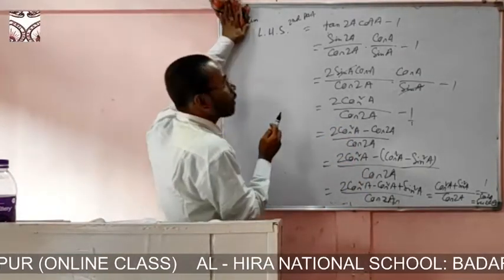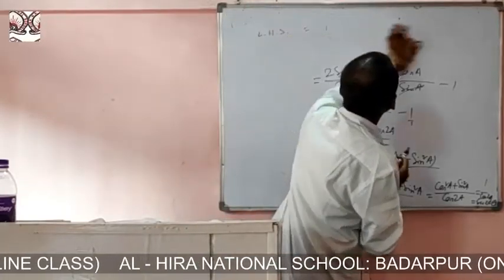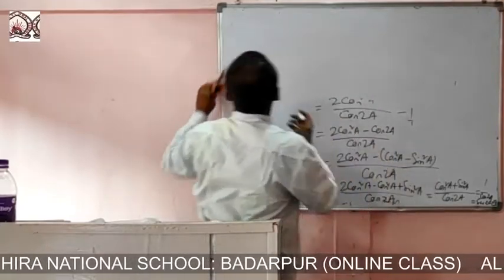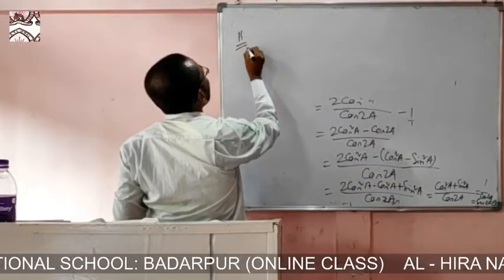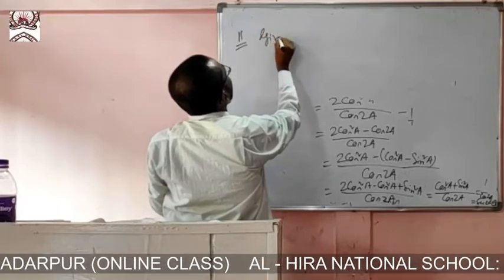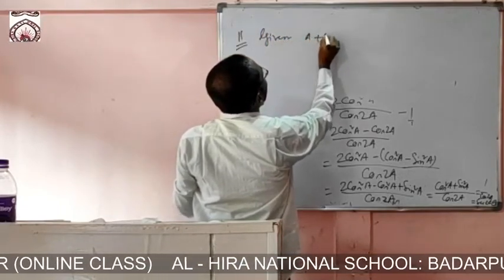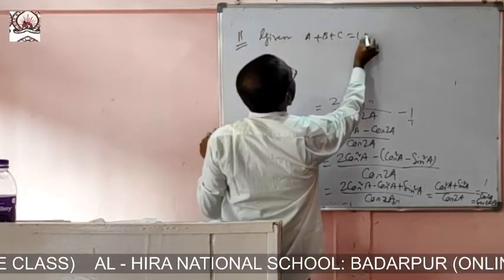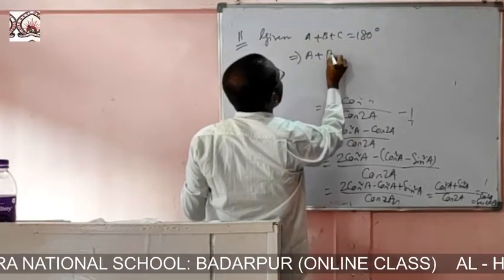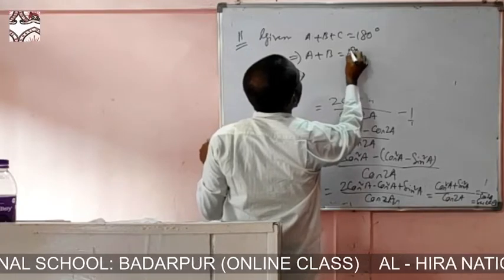So number 11, you see, given what? A plus b plus c is equal to 180 degree. So a plus b will be 180 minus c.